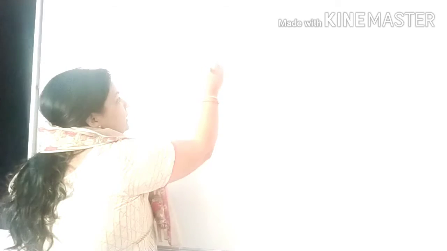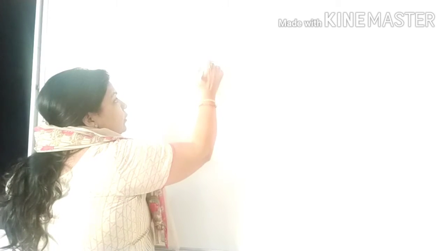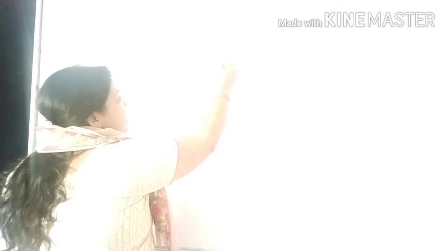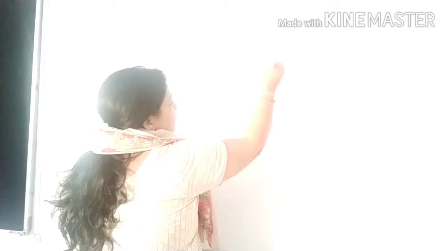Now Q1 for the discrete series, again the same formula, size of n plus 1 by 4th observation. Clear?